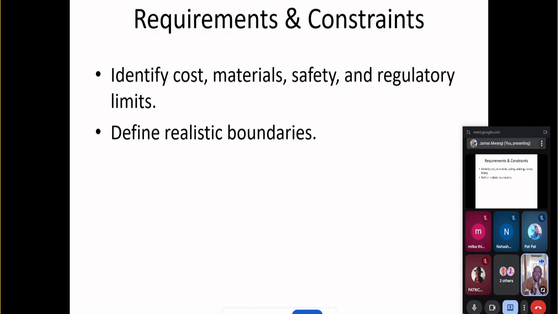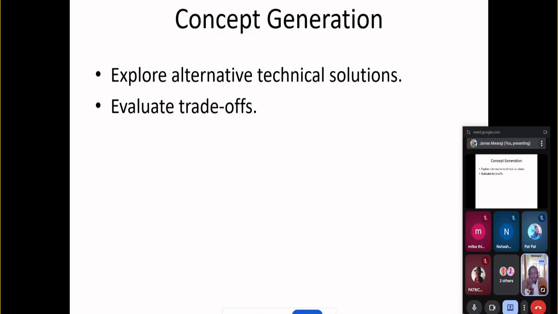So you have to look at the constraints. Then you define realistic boundaries. Kenya cannot afford to build a 1 billion house where people are sleeping hungry. You define realistic boundaries. Some of the materials you use have to be transported, depending on what you are working on. Then we have the next stage, which is concept generation.